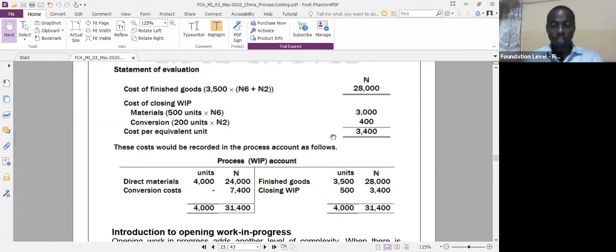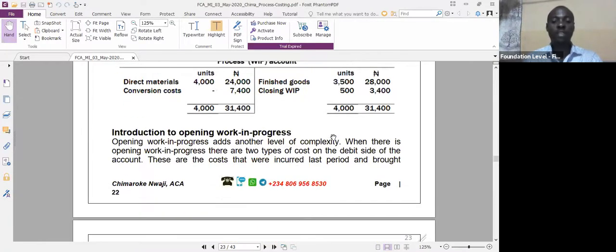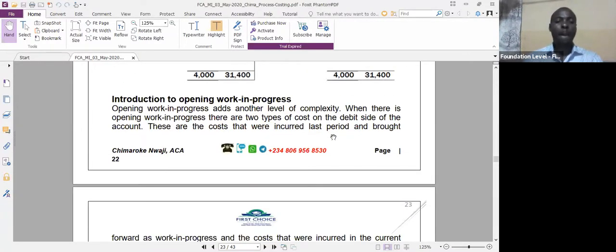Now let's introduce opening work in progress. Okay, so when we introduce opening work in progress, things start to get a little bit complex. So what is the complexity here?